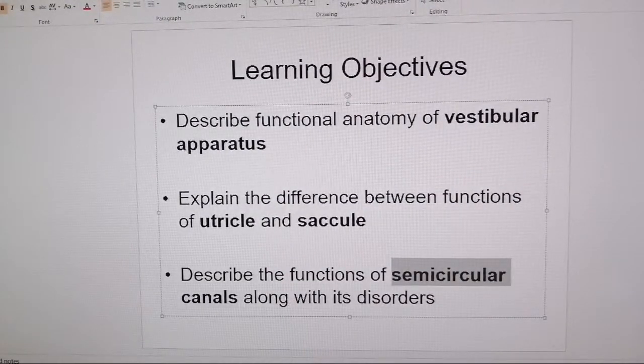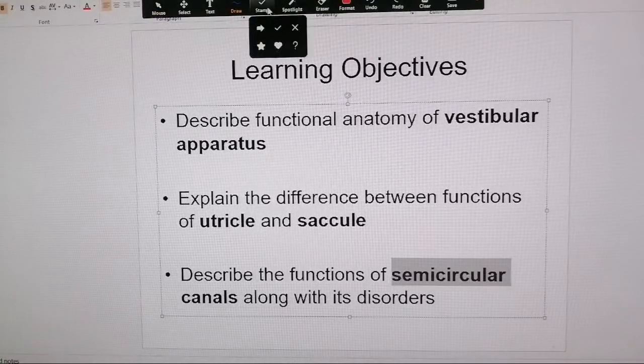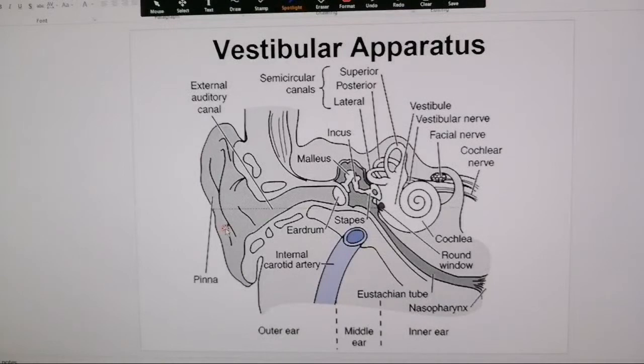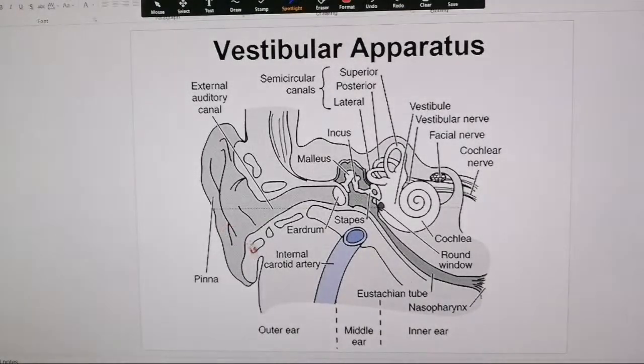So, as I was saying, we will start with the anatomy. This apparently complex looking diagram is not actually very complex if you look closely.